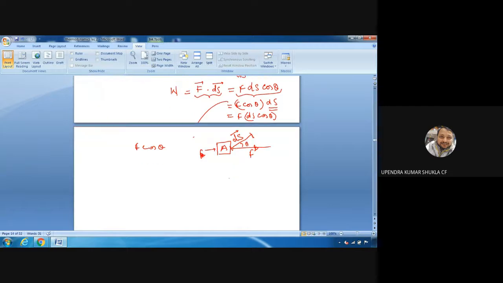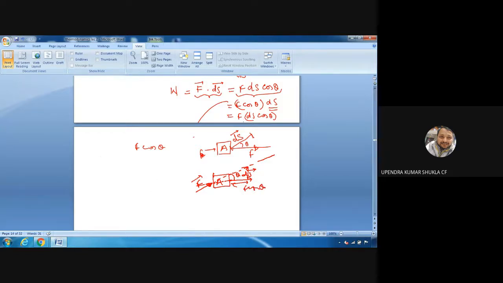Or better, to avoid confusion, suppose this is the block and you are applying the force in this way, F, and displacement is happening in this direction, ds. Extend the line of action of the force and the line of displacement, and the angle is theta. So the component of force in the ds direction is F cos theta.